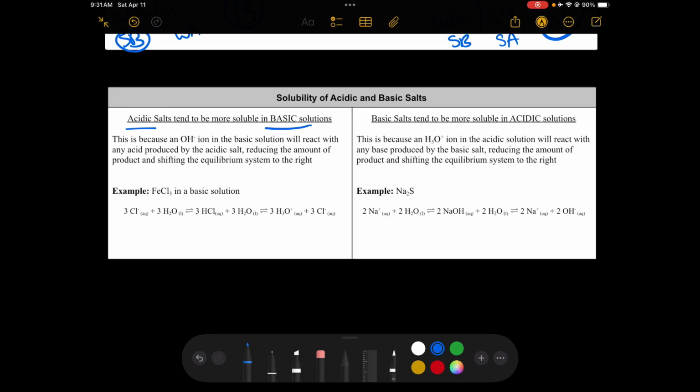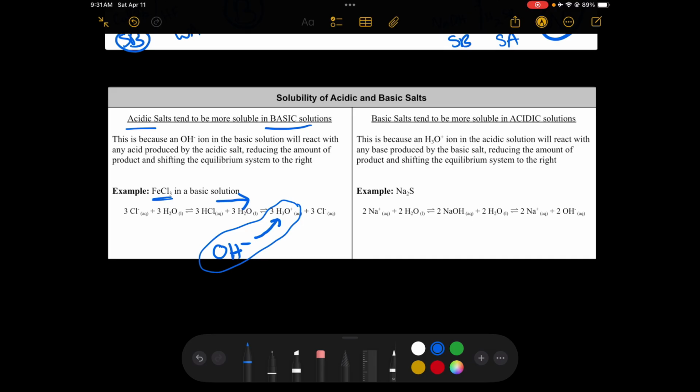So if I have FeCl3 in a basic solution, what happens is our hydroxide ion that exists in that basic solution is going to end up reacting with any hydronium that acidic salt presents. And as soon as we react these two, we get rid of product, which is going to shift our equilibrium forward to favor our dissolved salt.